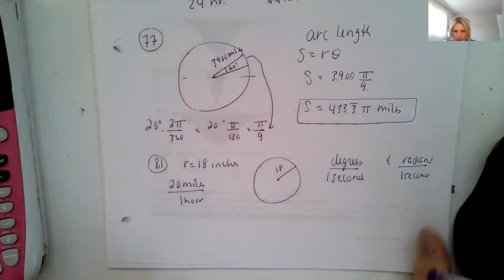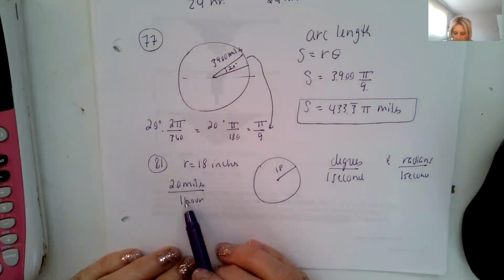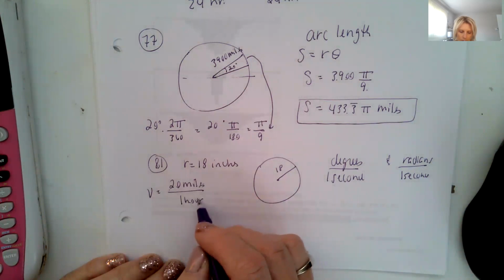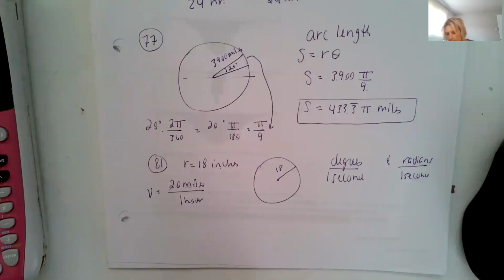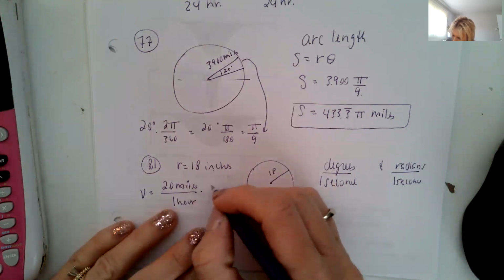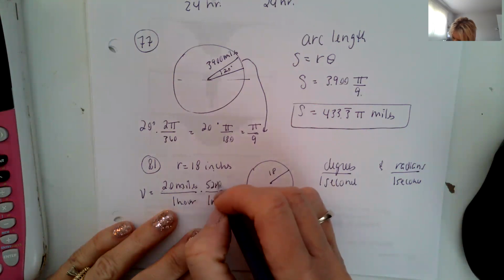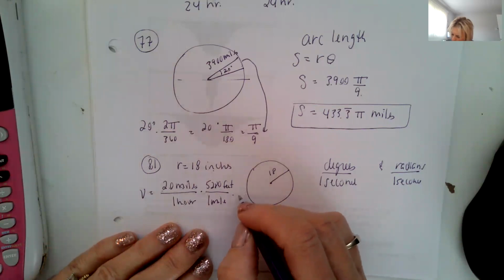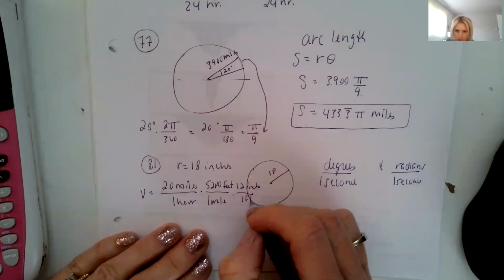We have to take a couple things into account here because our radius is in inches and our linear speed is 20 miles in distance for every 1 hour traveled. We need to turn our miles into inches so that we've got the same units. So we're going to divide by 1 mile and multiply by 5,280 feet, then multiply by 12 inches and divide by 1 foot.